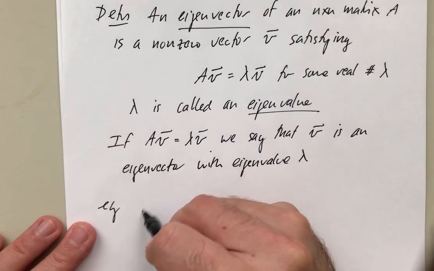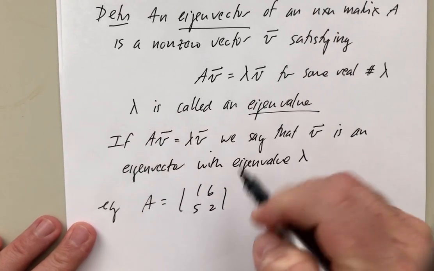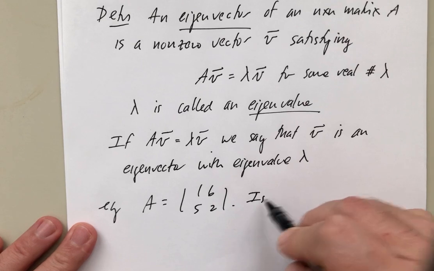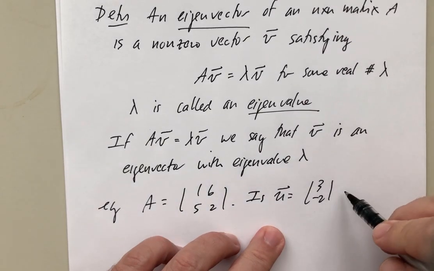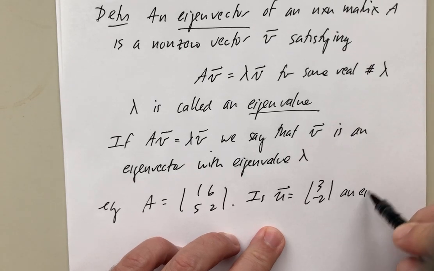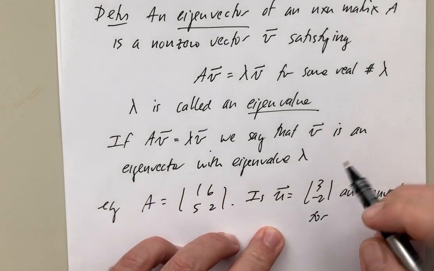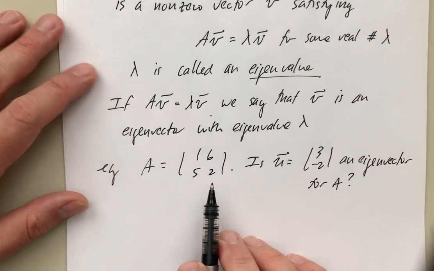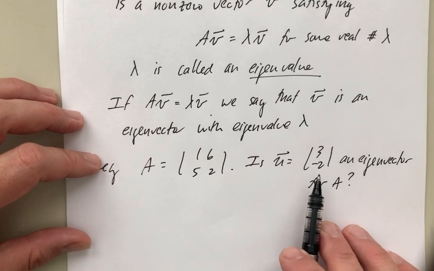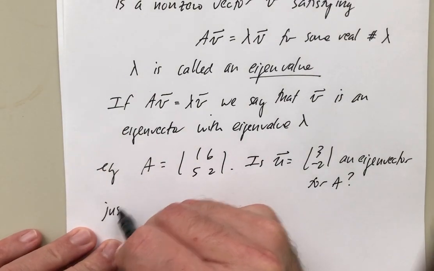Let's warm up with an example. This is a typical story in linear algebra. If I give you a matrix A and I want to know whether the vector U, 3, minus 2, is an eigenvector for the matrix A, this is something where you just compute.